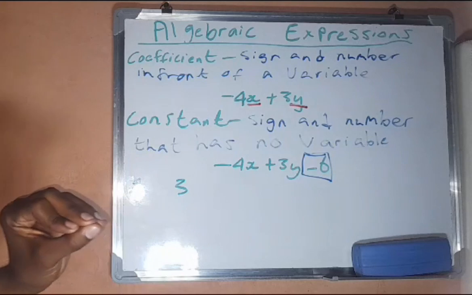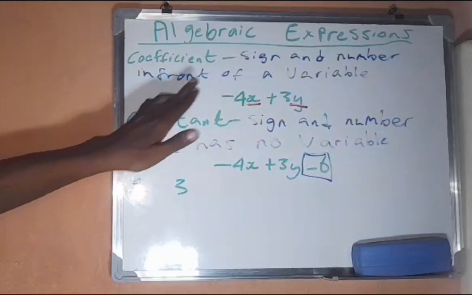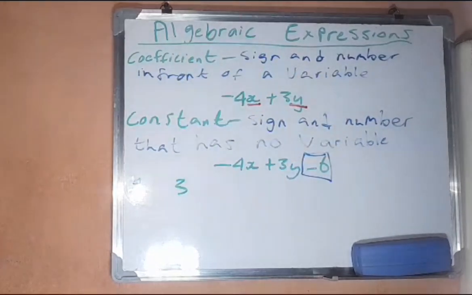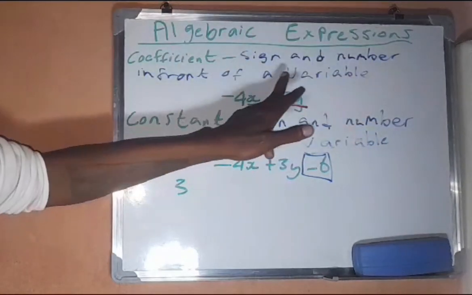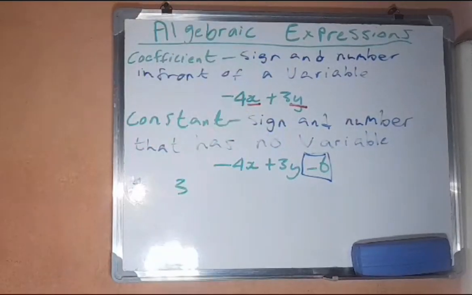Even the definition says it's a sign and number in front of a variable. I like this definition because it is precise: sign and number. They didn't say just a number in front of a variable. They say sign and number in front of a variable.